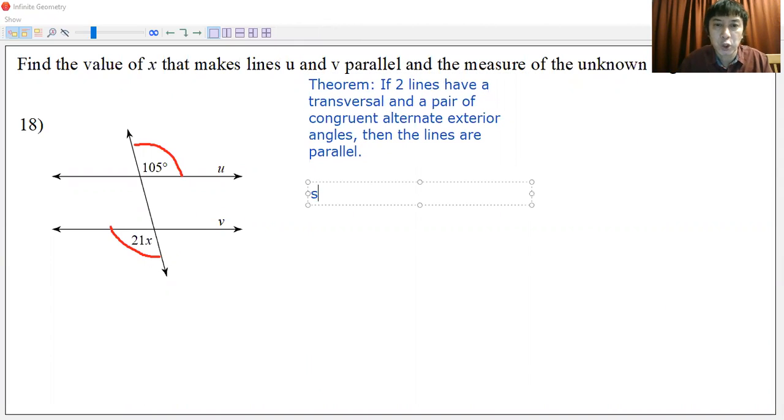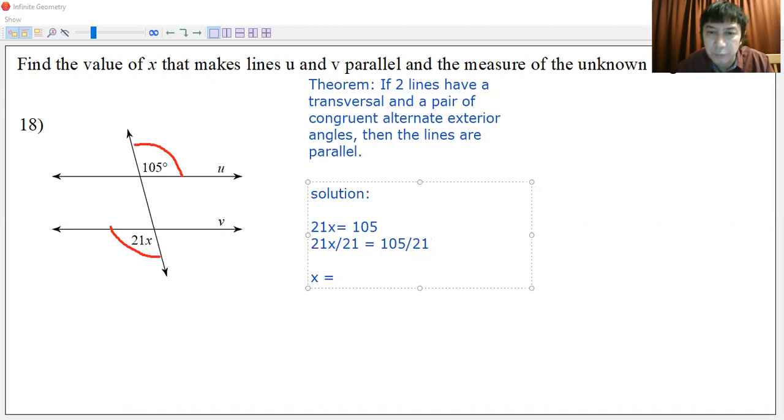So for our solution, we now have 21x must be equal to 105. And so we proceed by division. 21x, we divide by 21, and we have 105, we divide by 21. There. And x must be equal to, how much is that?